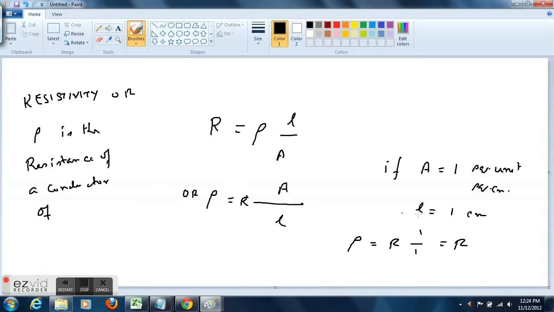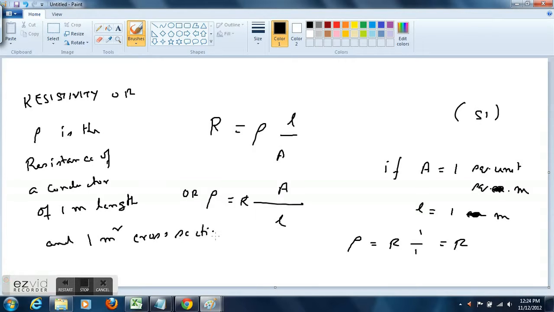So resistivity rho is the resistance of a conductor having area of cross section as 1 square meter in SI unit and length as 1 meter. So the resistance of a conductor of 1 meter length and 1 square meter cross section is called the resistivity of that conductor.